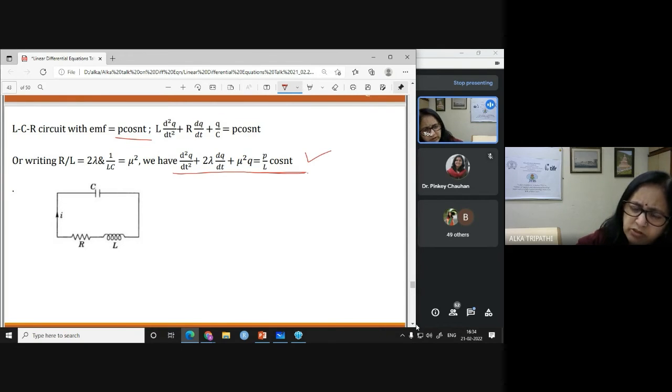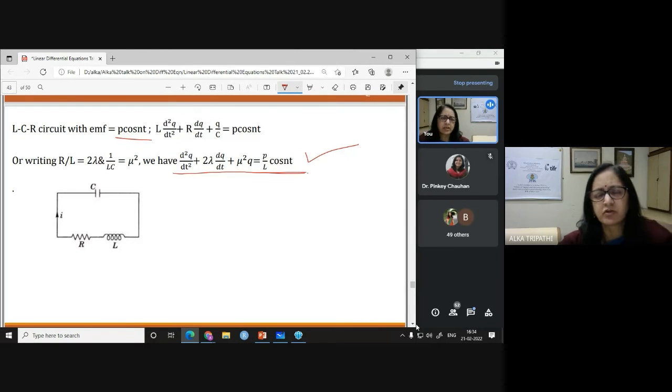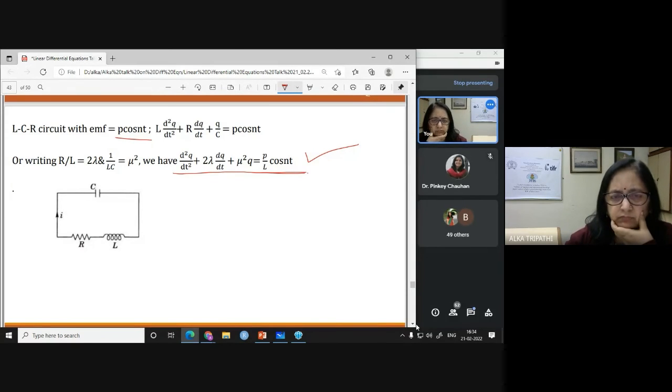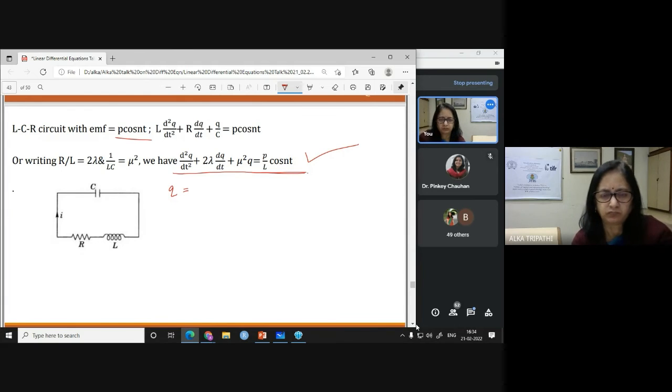This equation you can solve very easily using the undetermined coefficient method. Can you solve it and tell me the value of Q? Yes, what will be our Q value in this case? Let us see.